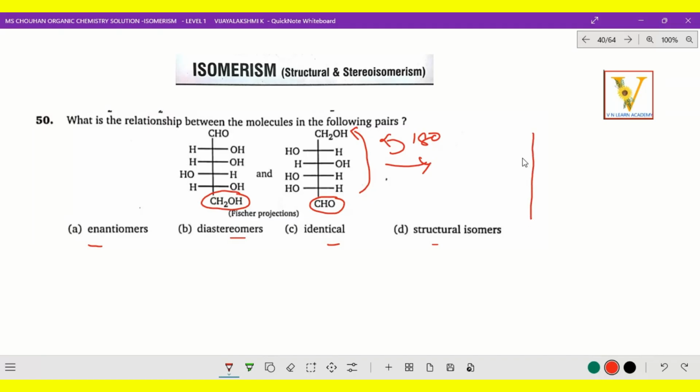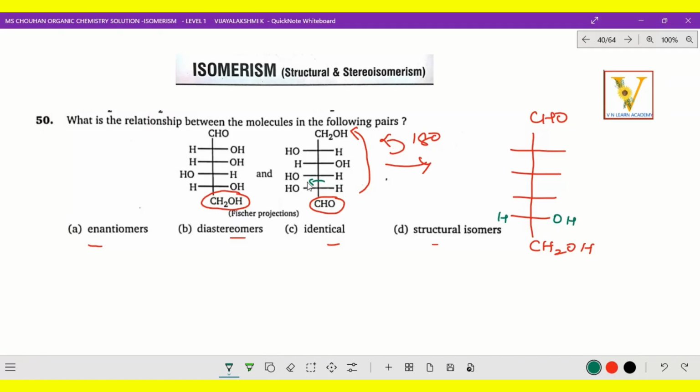Now come on, let us check how we identify this. Here CH2OH comes down, right? Now here CHO goes upwards. Now at this point OH is there, no? So whatever it is, we have to go just the opposite. So here H, here OH, right?